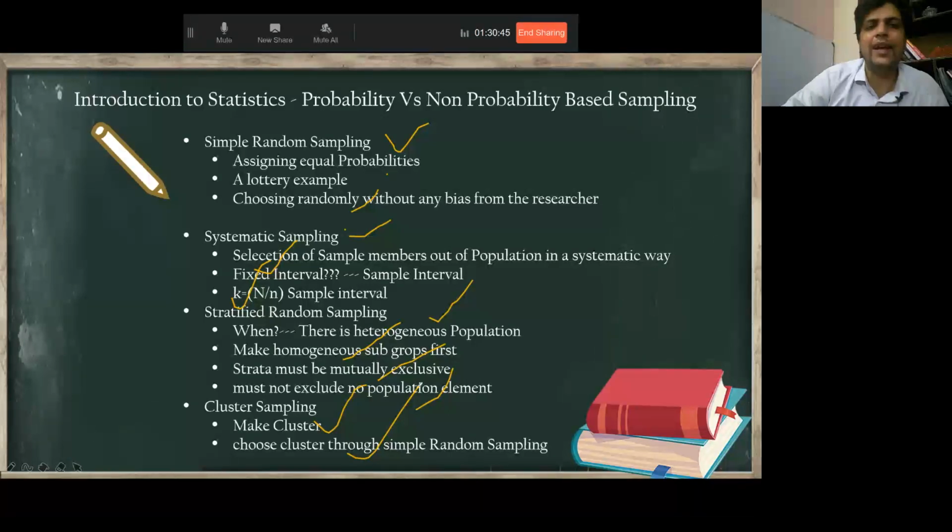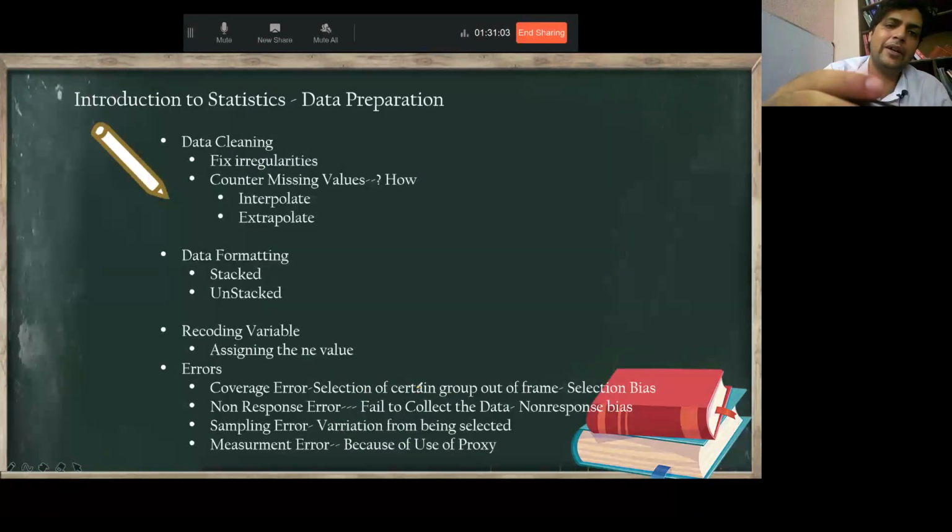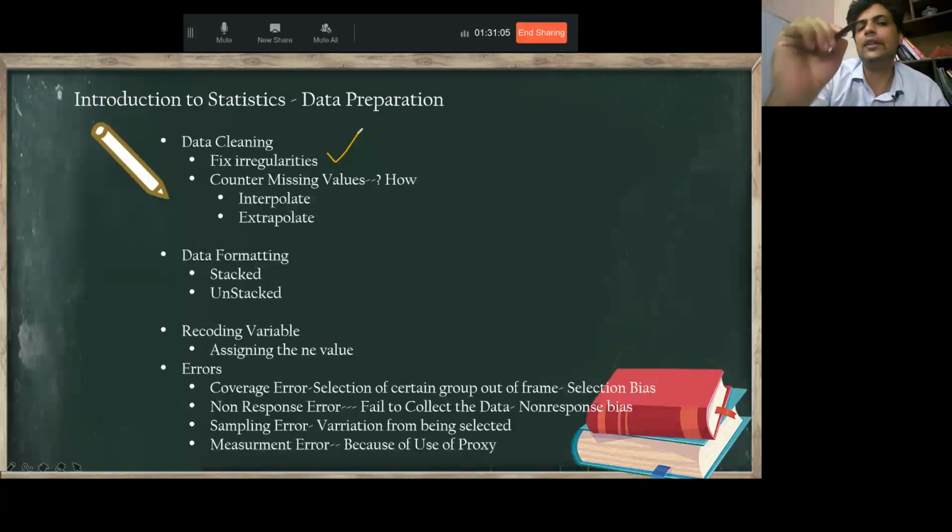You collect the data. Now, after collecting the data from these sources, you need to do something else. What do you need to do? You need to prepare the data, right? You need to fix the irregularities. How to fix an irregularity?